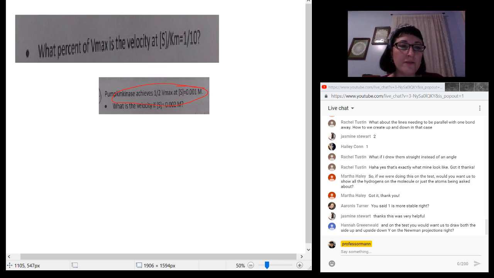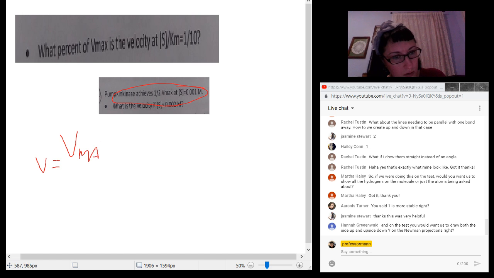So if you're doing your 1/2 Vmax, your substrate at 0.001, okay. Vmax times the substrate concentration.